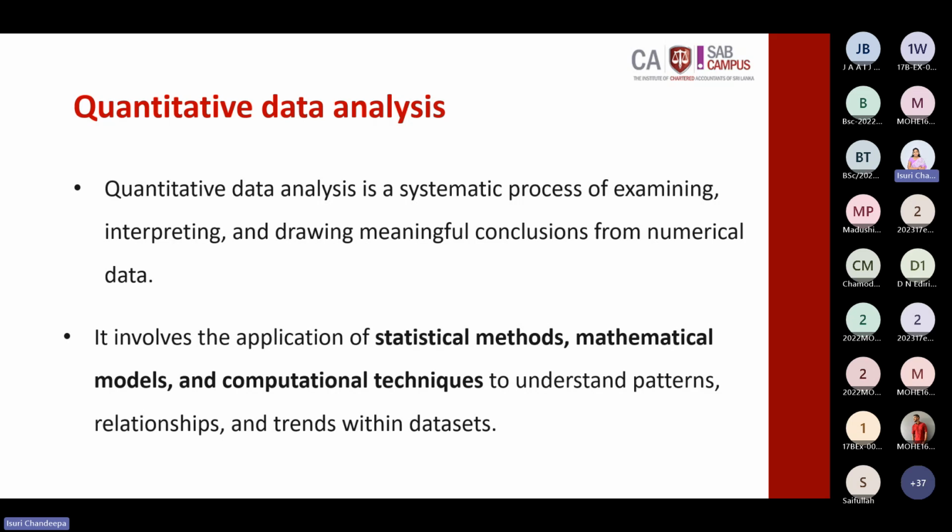Okay, for example, the regression results show that there is a relationship between A and B. Now you can confirm that, okay, I have conducted the research to test the relationship between A and B, and the statistical techniques prove there is a positive relationship between A and B. So this is my conclusion.